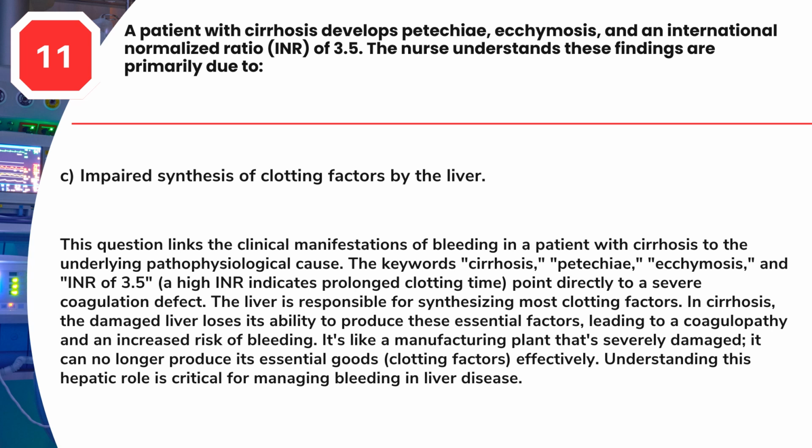In cirrhosis, the damaged liver loses its ability to produce these essential factors, leading to a coagulopathy and an increased risk of bleeding. It's like a manufacturing plant that's severely damaged. It can no longer produce its essential goods, clotting factors, effectively. Understanding this hepatic role is critical for managing bleeding in liver disease.